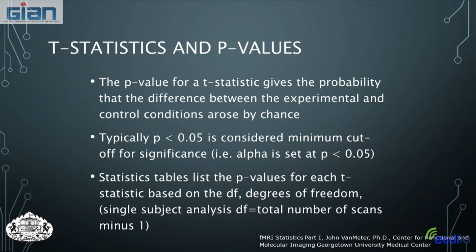This p-value again is going to depend on the t statistic that you calculated and what's called the degree of freedom. The degree of freedom is based on the number of samples that you have. So in a single subject analysis, the degree of freedom would be the number of total scans you have minus 1.